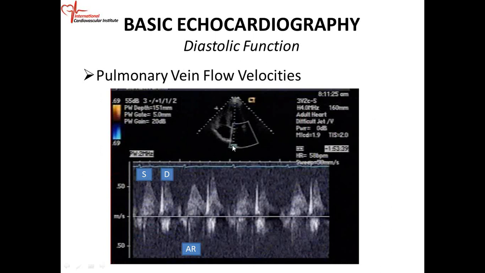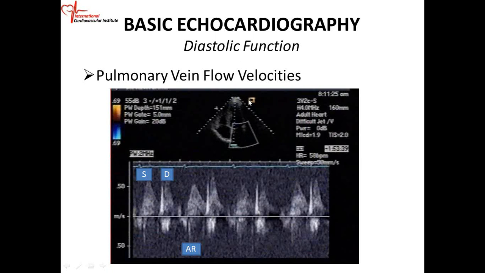If you're normal, then in ventricular systole, blood is flowing from the pulmonary veins into the left atrium. In ventricular diastole, blood is still flowing from the pulmonary veins into the left atrium. But when the atrium contracts, blood is going to flow in the opposite direction.